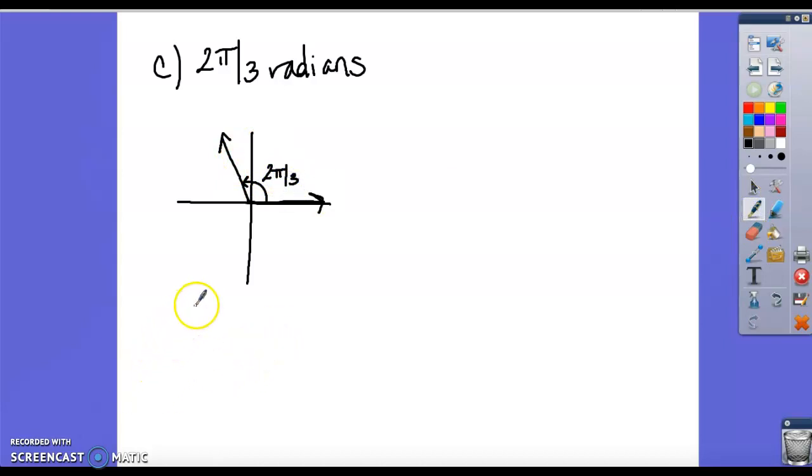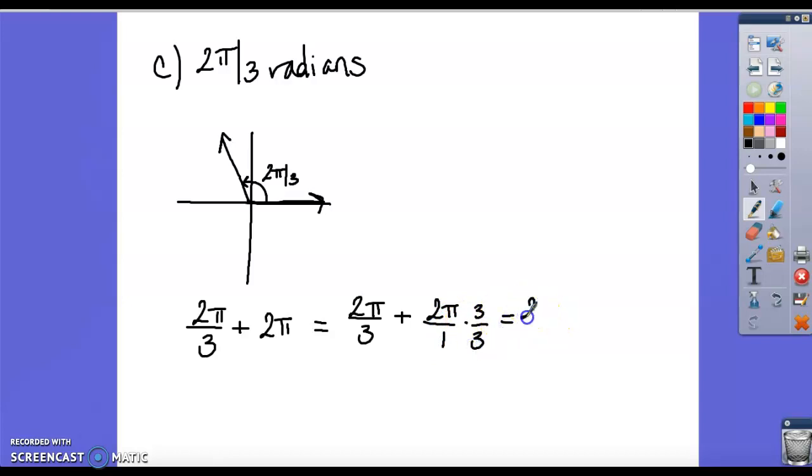If I want to find a positive angle, I can add 360, which is like adding 2 pi. I'm adding fractions, so I need common denominators.